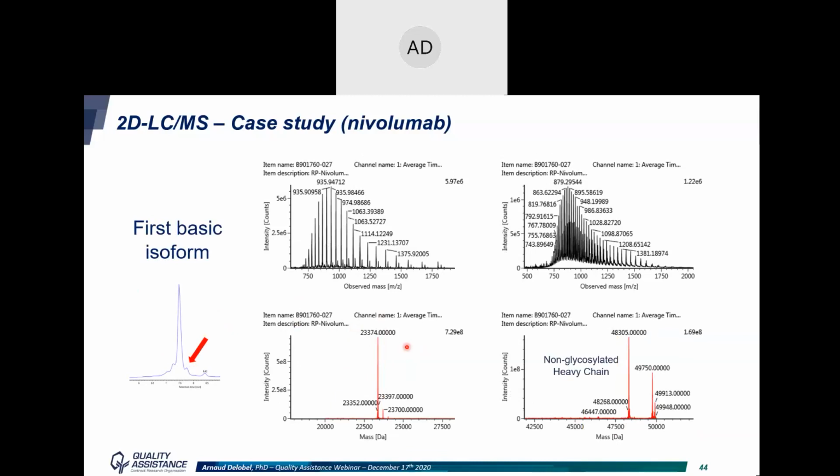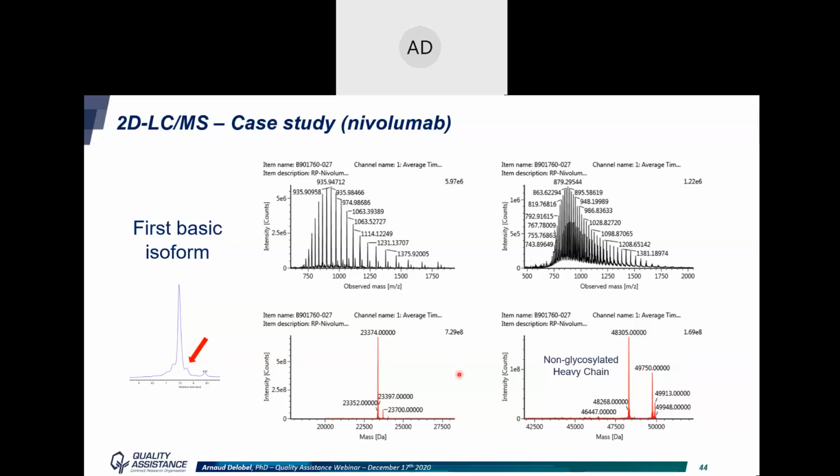You see once again the light chain, and then you also see a non-glycosylated heavy chain, together with a glycosylated heavy chain. We probably have a mixture because we do not have full resolution between the two isoforms, and we probably have in the basic isoform a contamination by the main isoform that you see here.